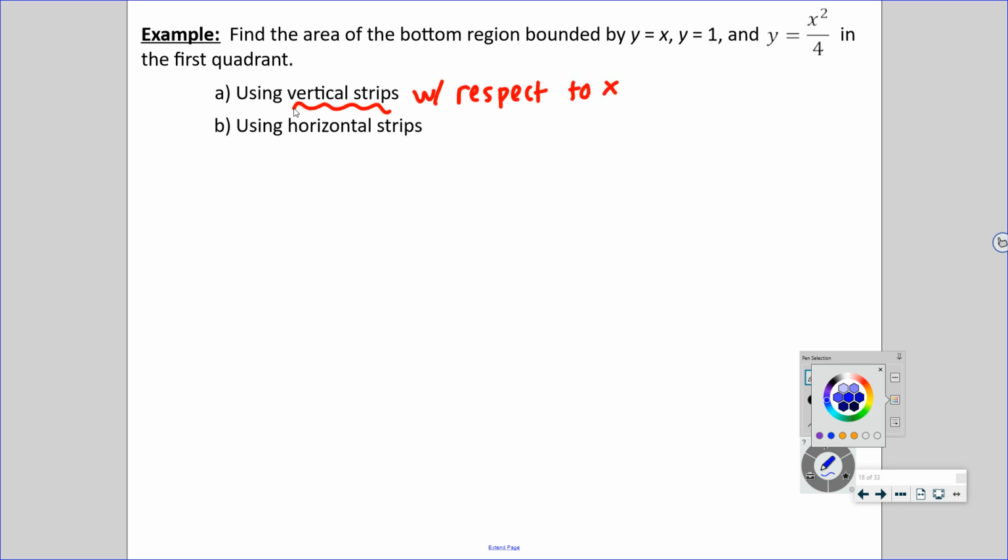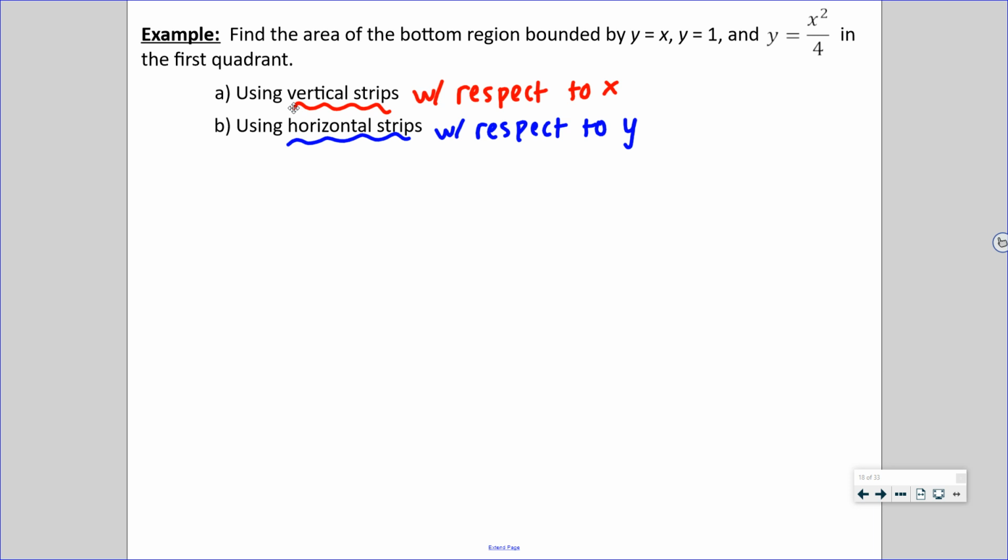And we'll visualize this in a second after we graph it. B, with horizontal strips, so with respect to y. Right now, the problem's set up for me to do this with respect to x because all my equations are solved for y, which is nice because it'll help us graph it.